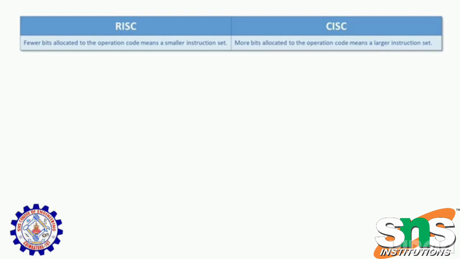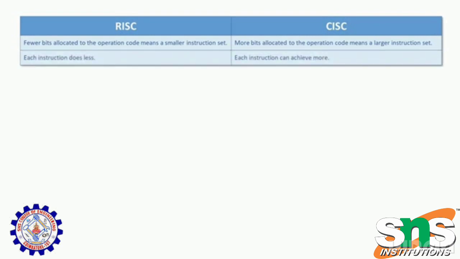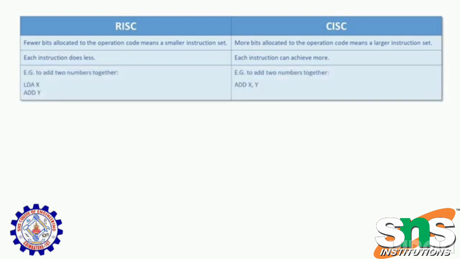But because they are simpler, fewer clock cycles are needed to execute each instruction. A typical CISC instruction may be more capable, but it needs more clock cycles to complete. A RISC program is necessarily going to have more code than a CISC program, so a RISC program will take up more memory.